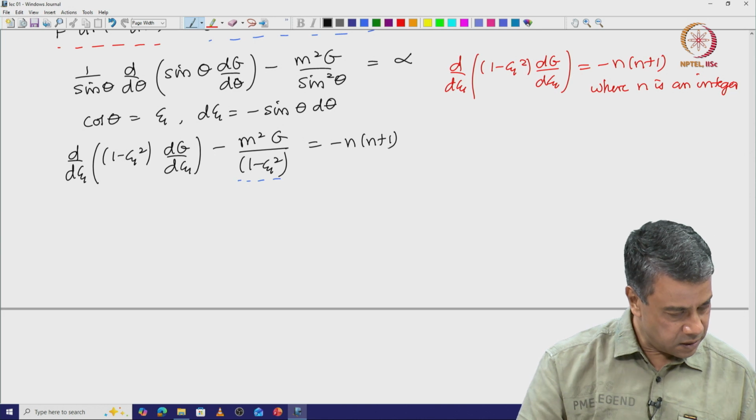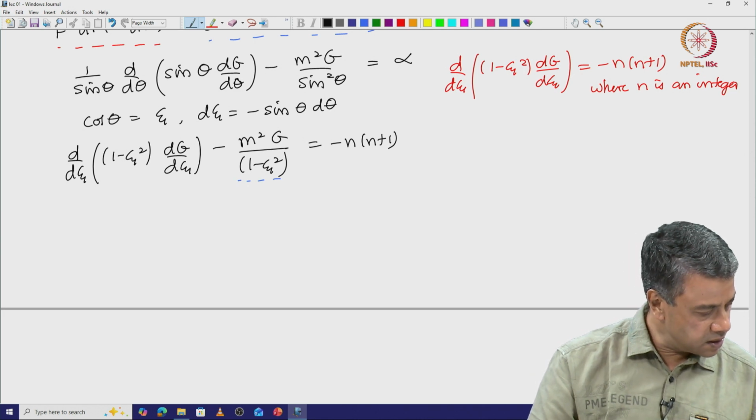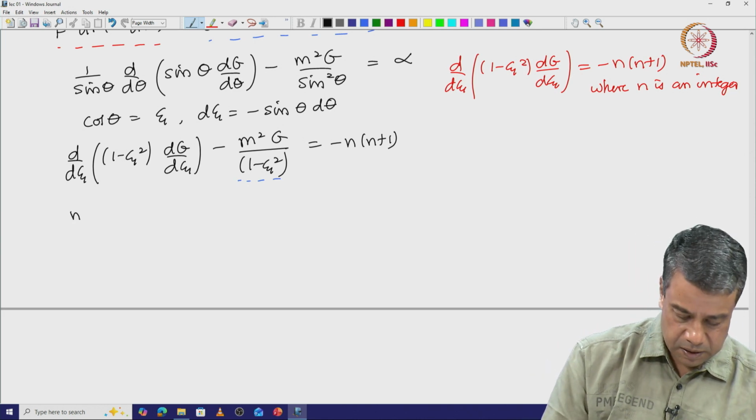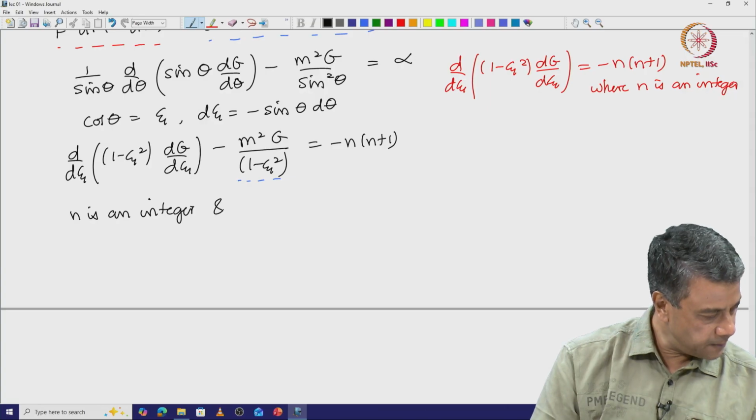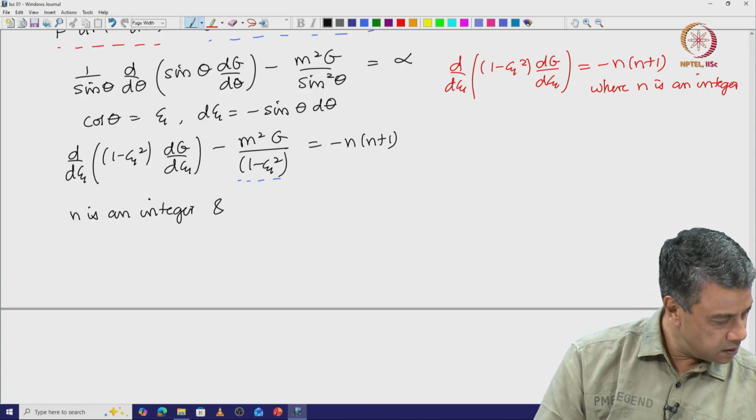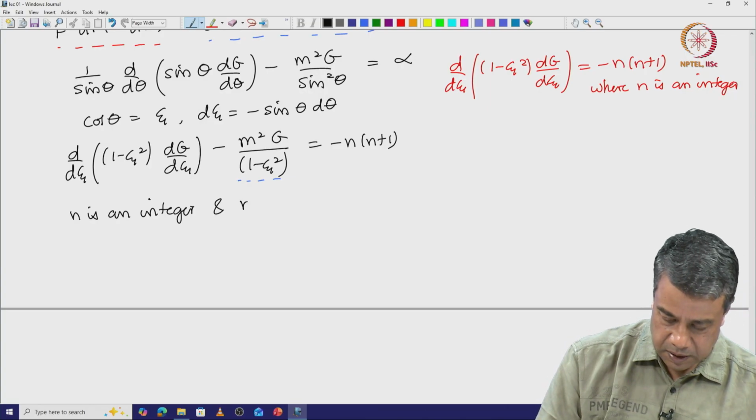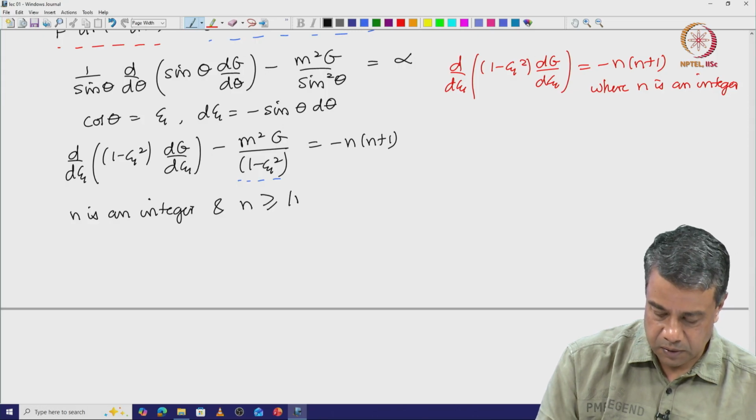So, the condition is that n is an integer and n has to be greater than or equal to the magnitude of m.